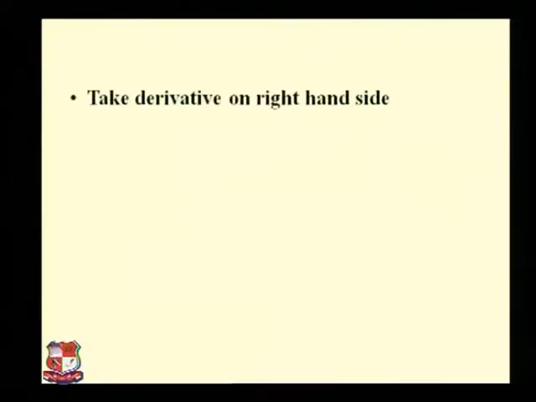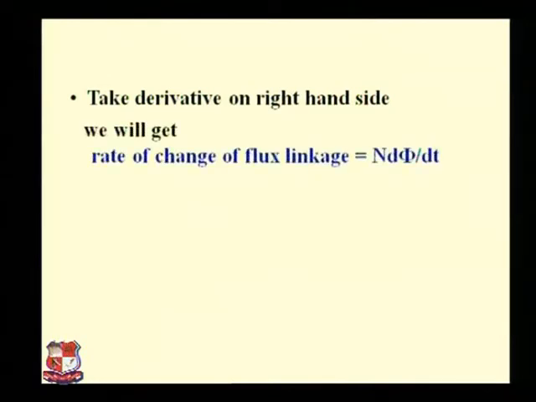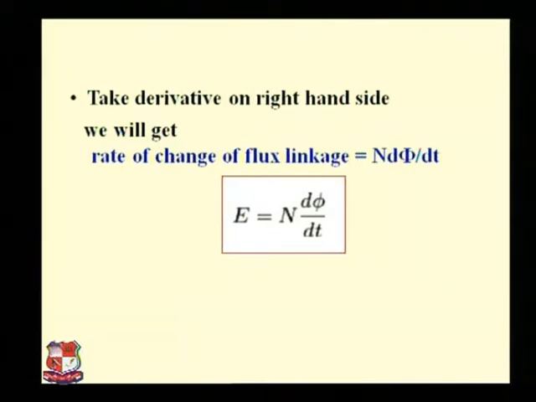Taking the derivative on both sides, we get the rate of change of flux linkage equal to N d phi by dt, because flux is a variable quantity, so it is differentiated with respect to time. We know that the rate of change of flux linkage is equal to the induced EMF in the coil, so it is given by E equal to N d phi by dt.